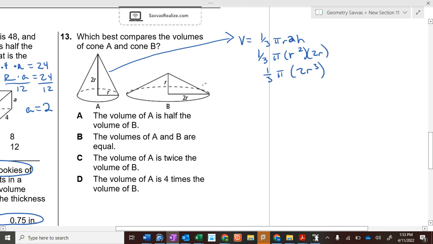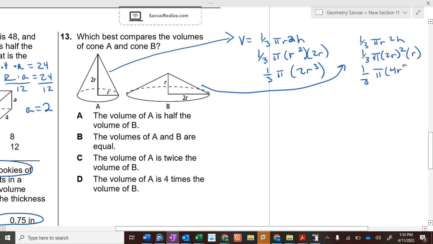Now, let's take the other one and go 1/3 pi r squared h. So it's 1/3 pi. The radius is 2r, and we're squaring it. The height is r. So it's 1/3 pi times 4r squared times r, or 1/3 pi 4r cubed.